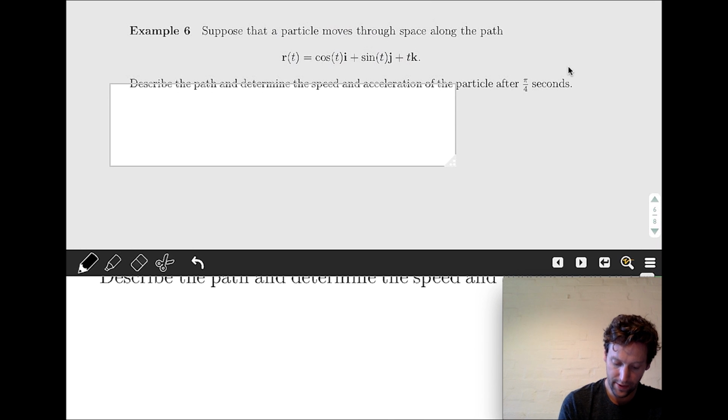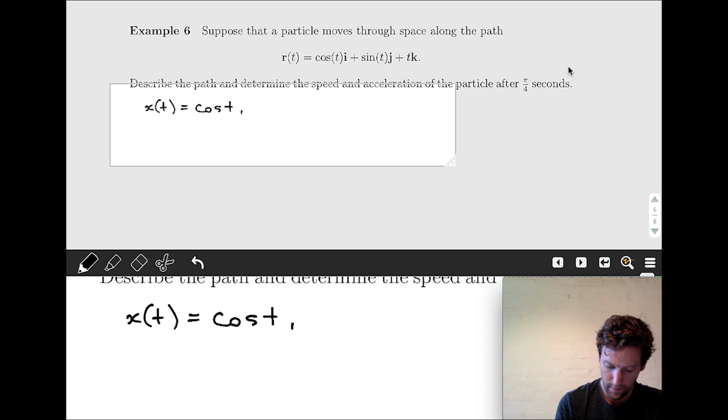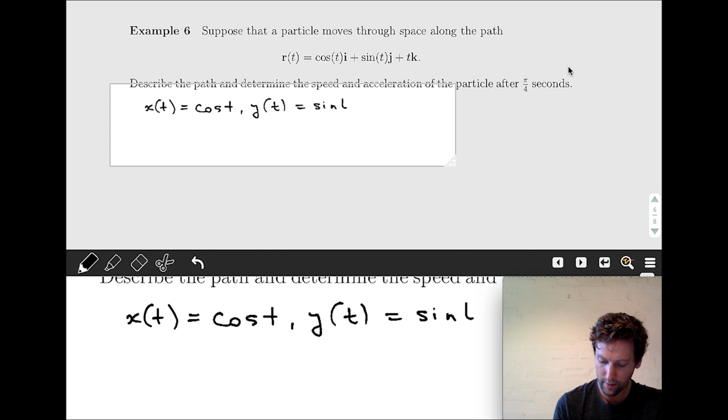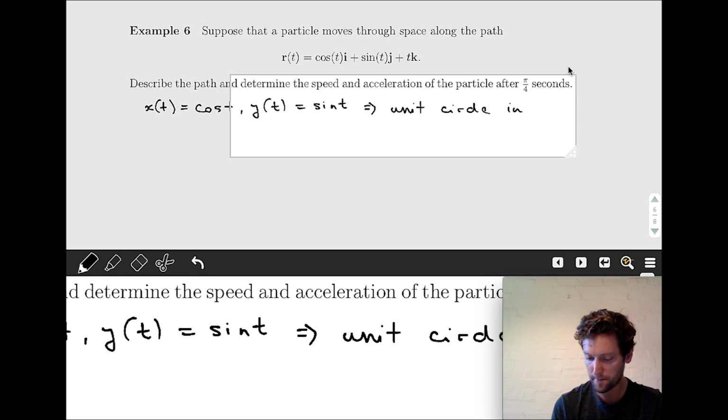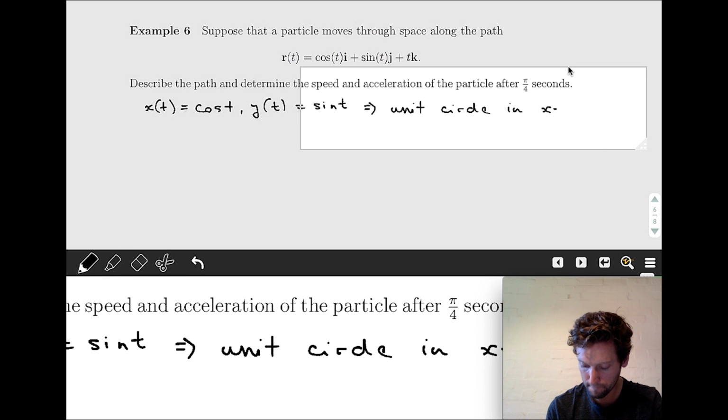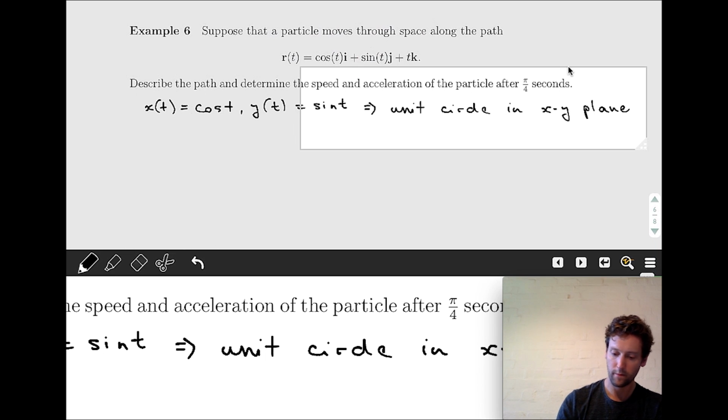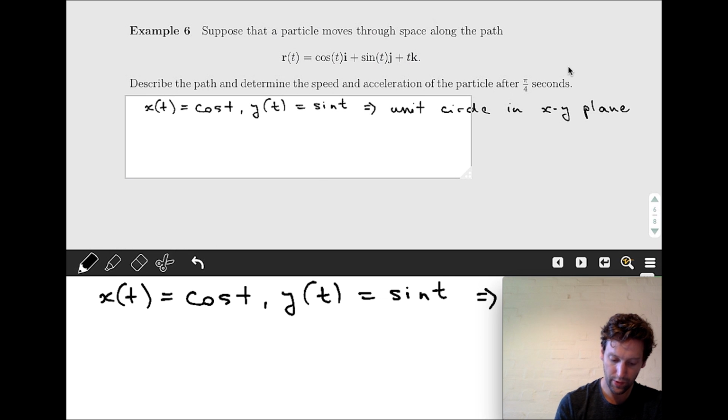So I've got x of t equal to cosine of t. y of t is equal to sine of t. So just by inspection, we can see that this will be a unit circle in the xy plane. But what about the position z of t, in the z direction?